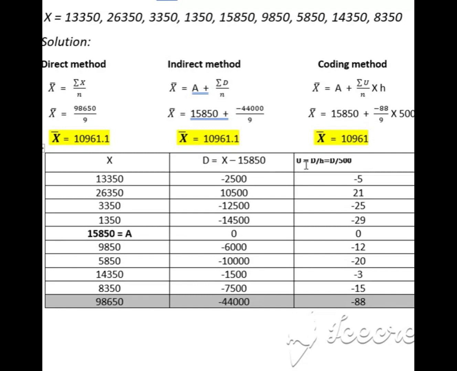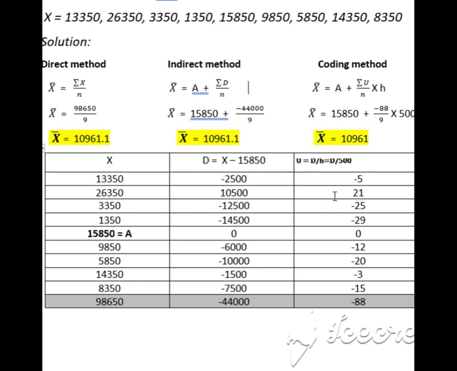How to get u? u means the d answer divided by the common difference, 500. Each number of d is divided by 500. The first one, negative 2,500 divided by 500, gives negative 5. Then 10,500 divided by 500 gives 21. Then negative 12,500 divided by 500 gives negative 25, and so on.